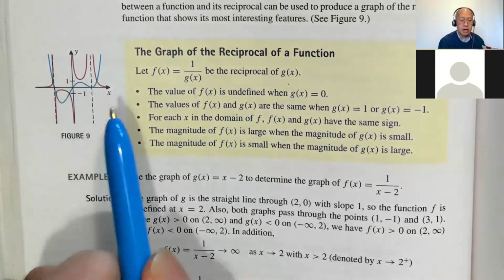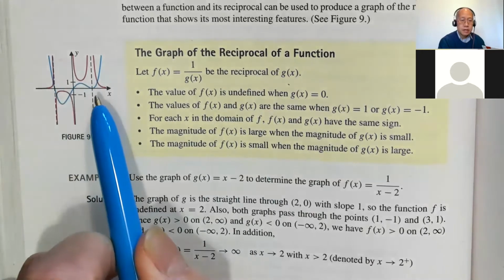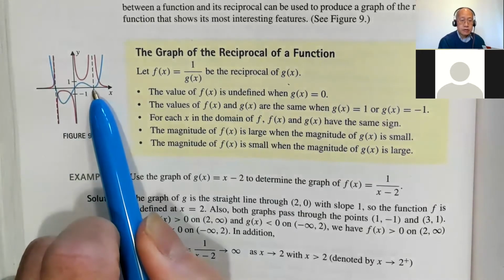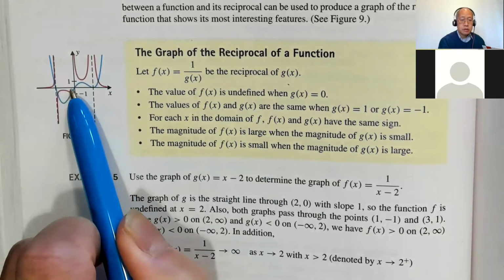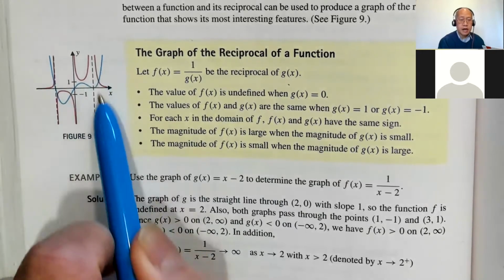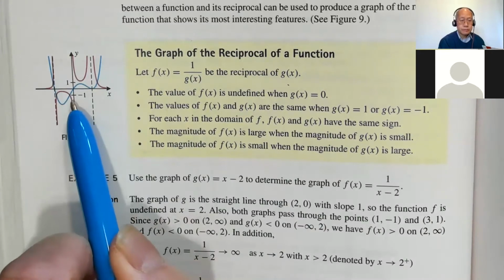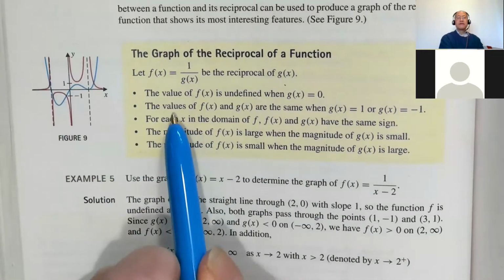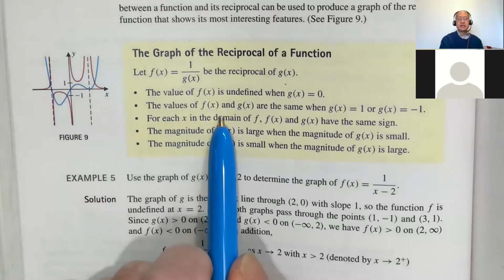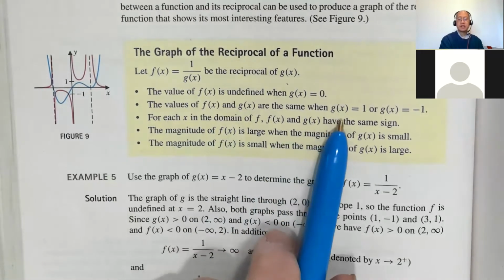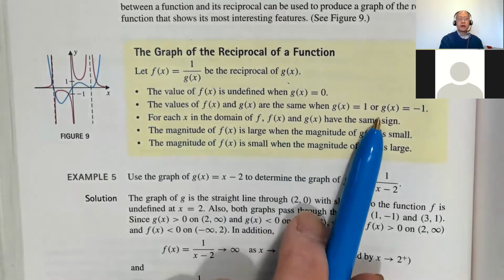So if you take a look at this graph, the blue graph, x-intercept, x-intercept. So for the reciprocal graph, which is the red, undefined, right? The values of f of x and g of x are the same when g of x is 1 or -1. Why?